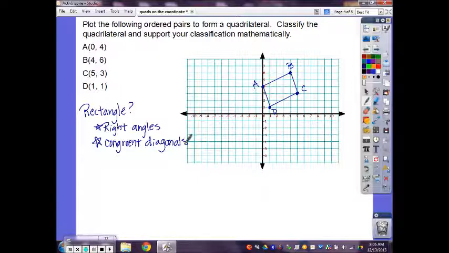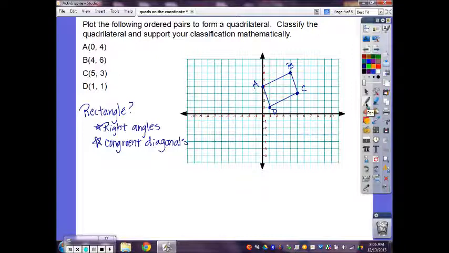In order to show right angles, I have to think about relationships between the sides. If angle ADC is a right angle, that means that line AD and line DC are perpendicular. So I can use slope to prove the lines are perpendicular.